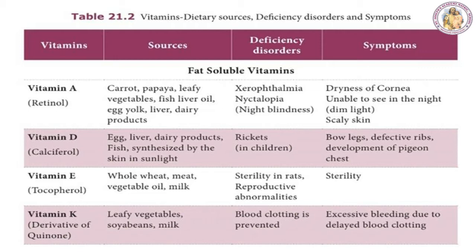The deficiency disorder is sterility in rats, reproductive abnormalities. Vitamin K: leafy vegetables, soya bean, milk. Blood clotting is delayed, that is, excess bleeding due to delayed blood clotting. So these are the symptoms of vitamin K deficiency.